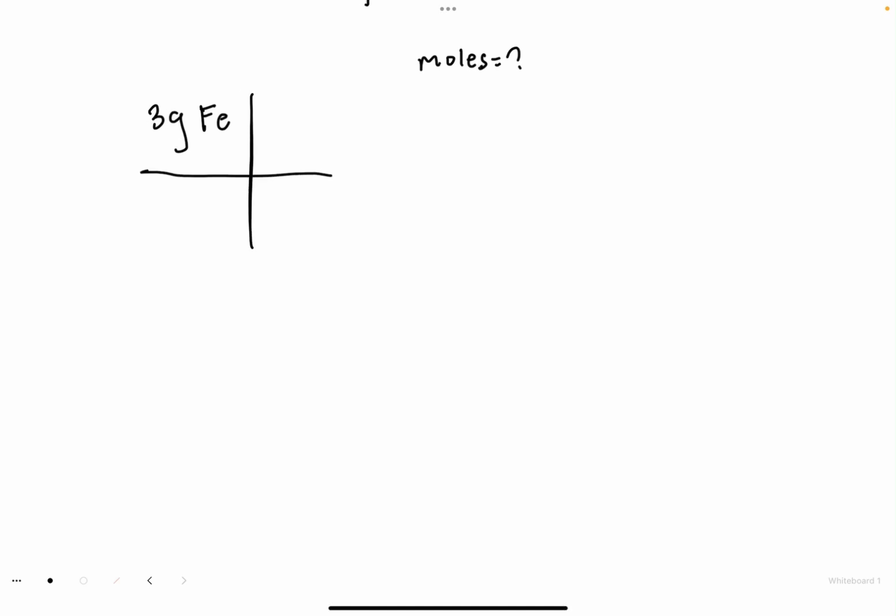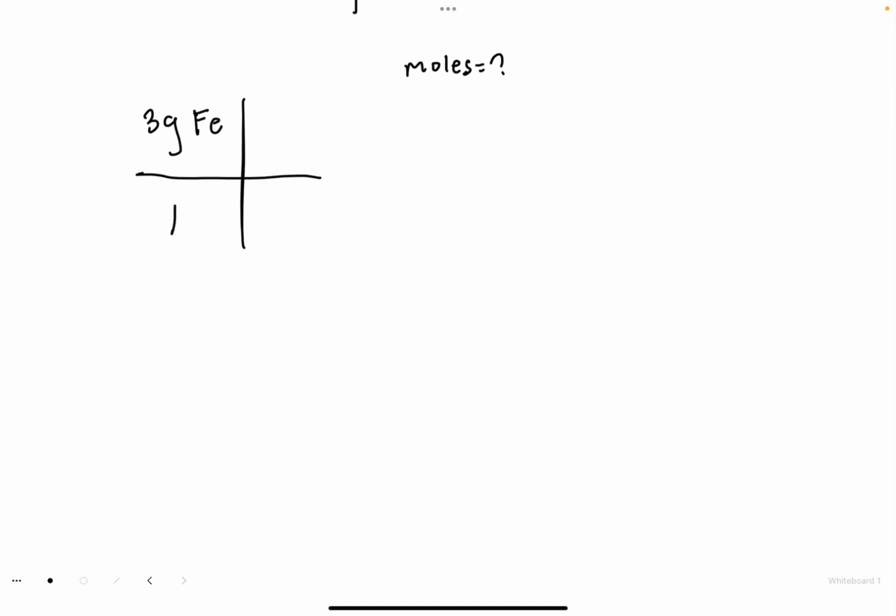So number of moles, again, is solely dependent on the molar mass. So since the molar mass of iron is 55.8 roughly, you would convert that to 1 mole of iron. And so then you would calculate the number.